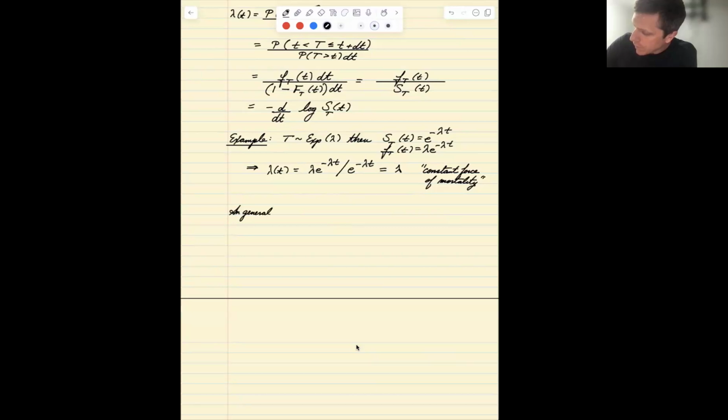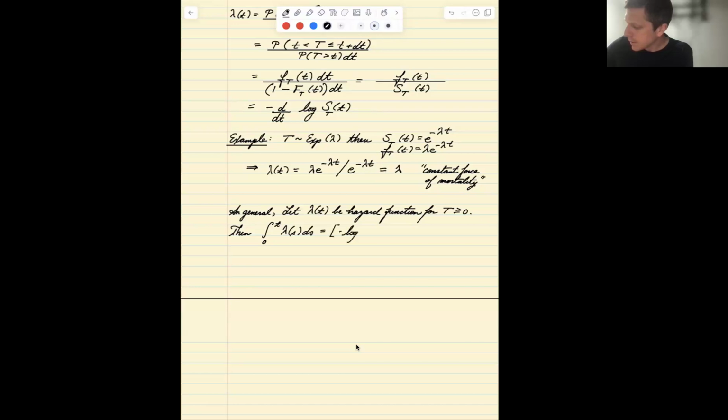In general, if we let lambda of t be the hazard function for a non-negative random variable T, then the integral from 0 to t of the hazard function is equal to the minus log of the survival function from 0 to t, which is equal to minus log of the survival function at t plus the log of the survival function at 0.